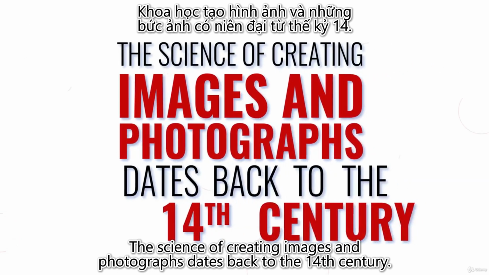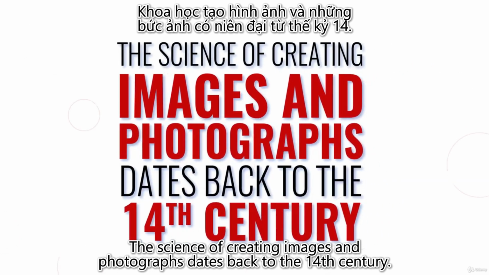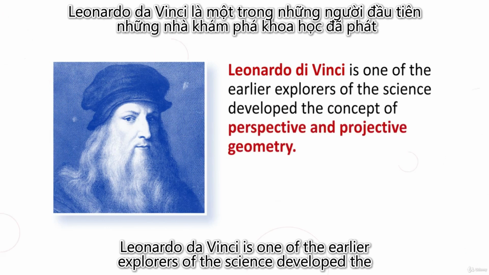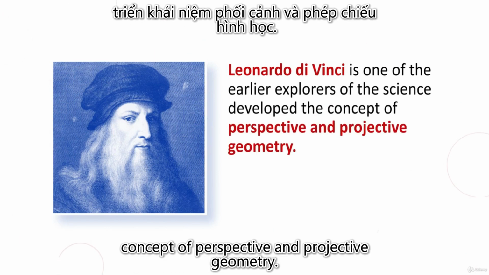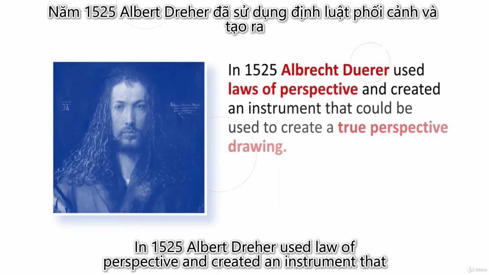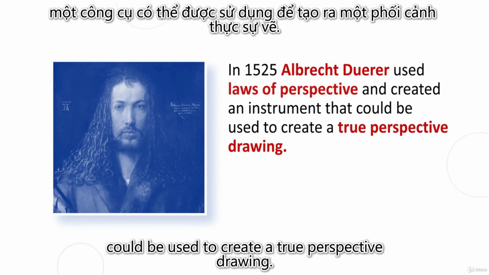The science of creating images and photographs dates back to the 14th century. Leonardo da Vinci, one of the earlier explorers of the science, developed the concept of perspective and projective geometry. In 1525, Albrecht Dürer used the law of perspective and created an instrument that could be used to create a true perspective drawing.